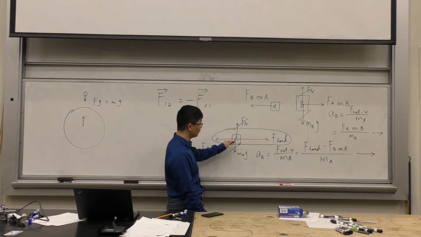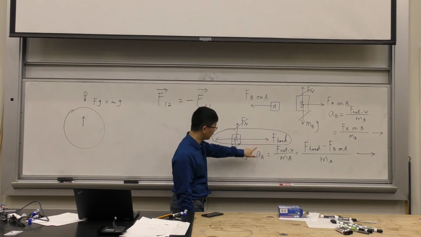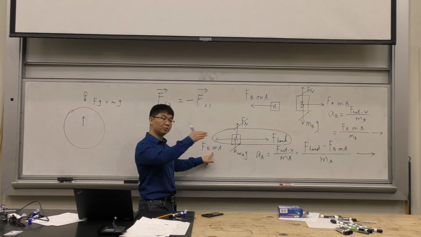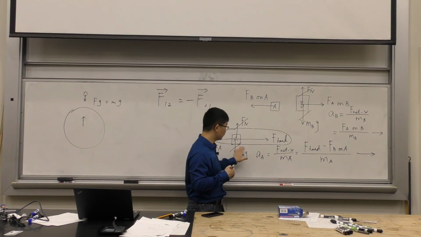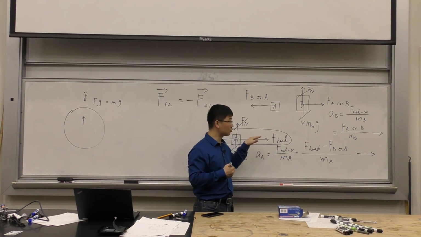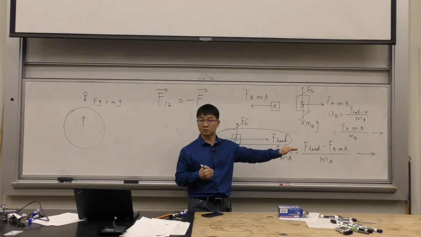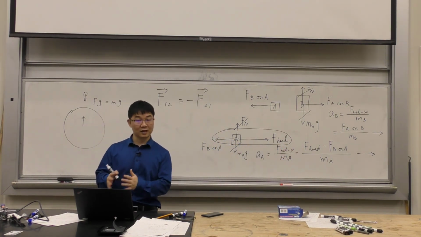You have to apply a force on this system in order to push them both to the right. So this force must overcome the force from B on A, so that the net force on A is still in the x direction. So both of them are going to be moving in the same direction. That's how we clarify that.